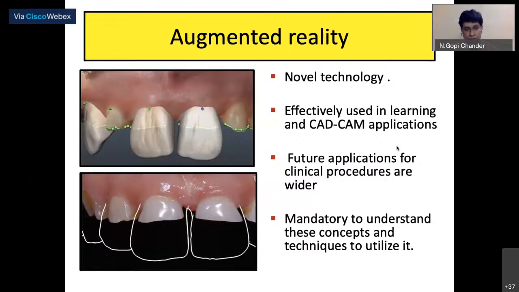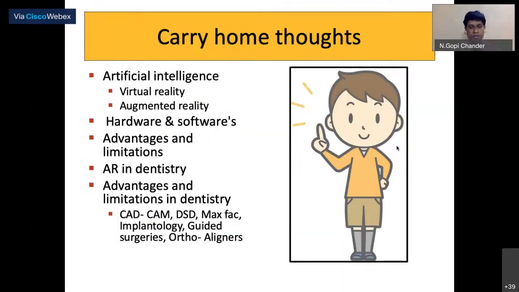The most important aspect of this is to make you understand the concepts, get used to these concepts and techniques, and utilize them. CAD is simple. You should know the terminologies in terms of artificial intelligence, virtual reality, augmented reality, the various hardware and software being used, the advantages and limitations of the systems, and the applications of augmented reality in dentistry, because the majority of this has been used even in day-to-day lives.